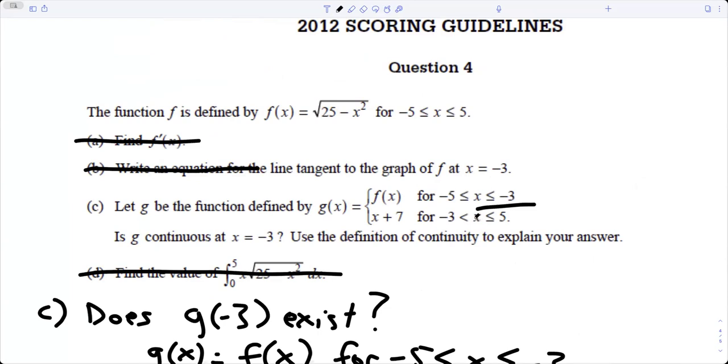And when x is greater than -3 but less than 5, it's equal to x plus 7. So that's how you know, right? The right-hand side is going to be the bottom equation because of how x is defined. And the top equation will be the left-hand side. That makes sense? What else?